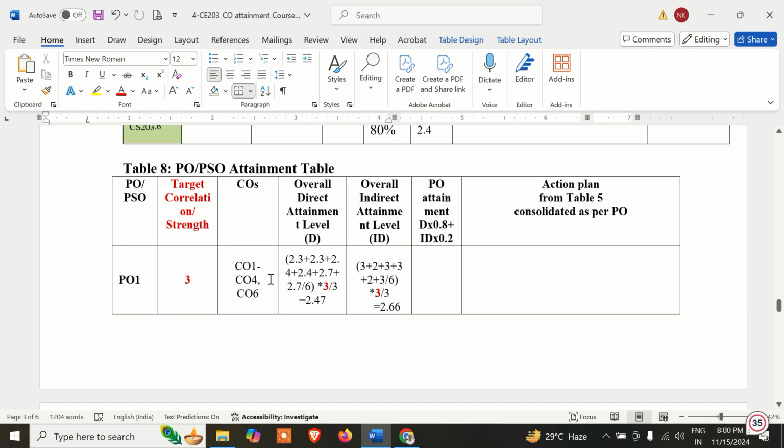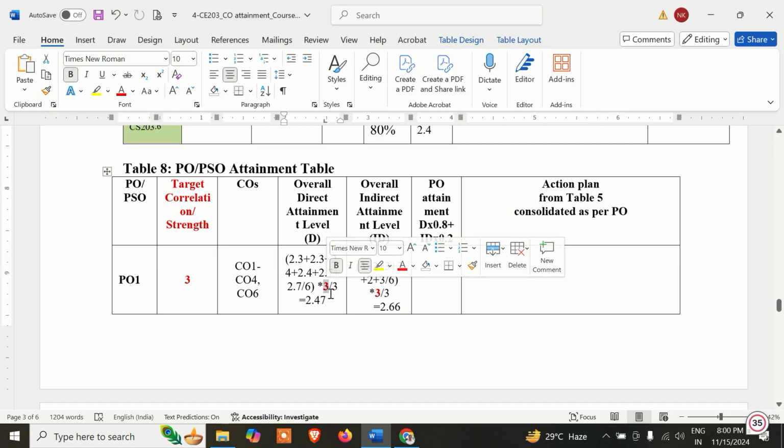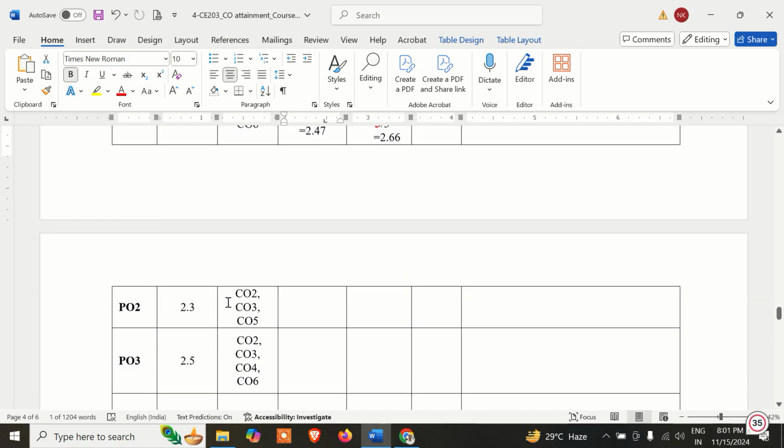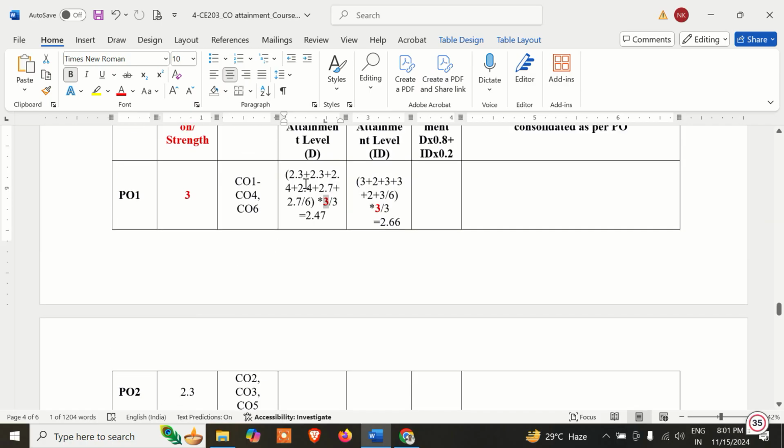So calculate the CO direct, CO indirect, sum of the COs. For example, in this case, CO1 to CO4, CO6 are mapping. So add them all together and average it, into the 3 by 3, that numerator is nothing but the correlation strength. Not necessary that the correlation strength is 3.